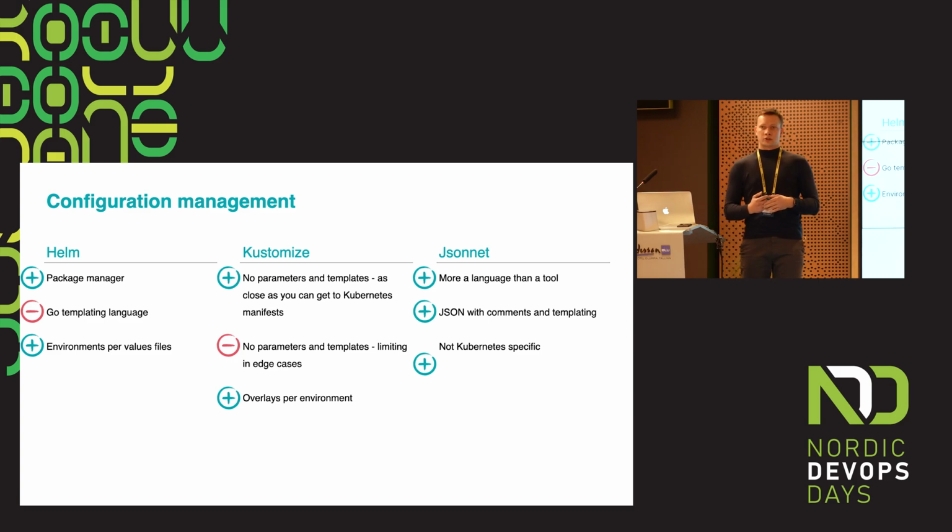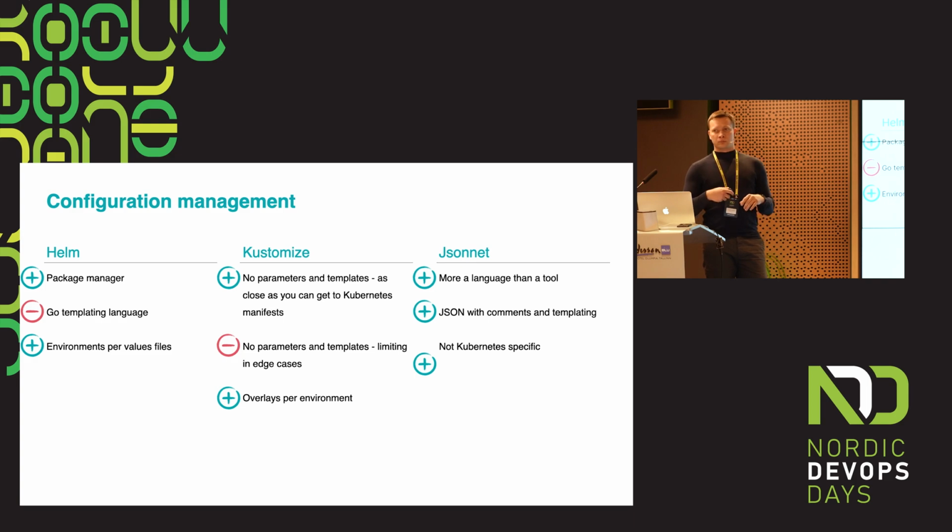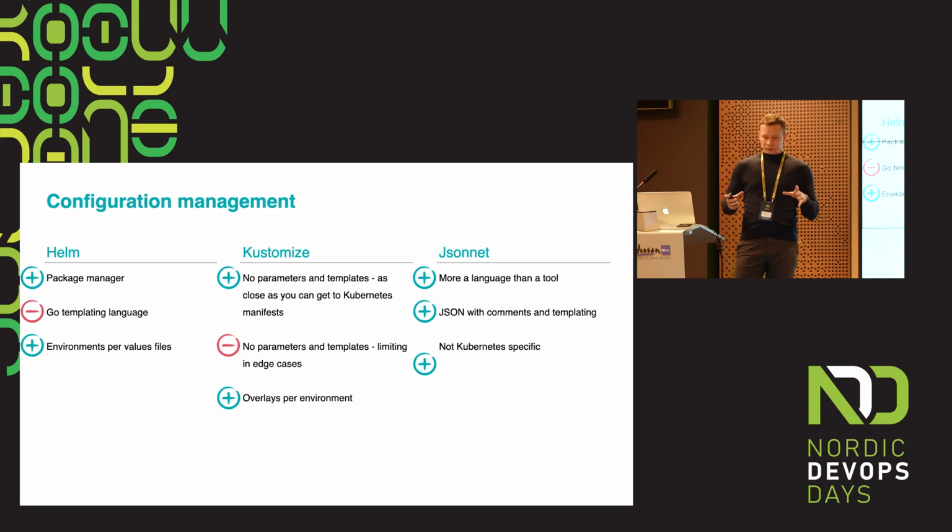Basically there are three main configuration management tools. First is Helm. Helm is actually not a configuration management tool but a package manager, which collects all of the deployment manifests into one binary and versions it. But a lot of people use the Helm templating language as a configuration management tool, right?